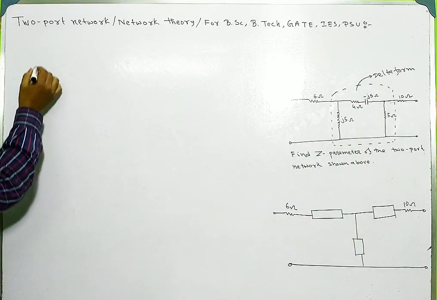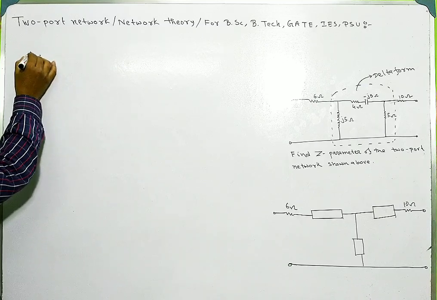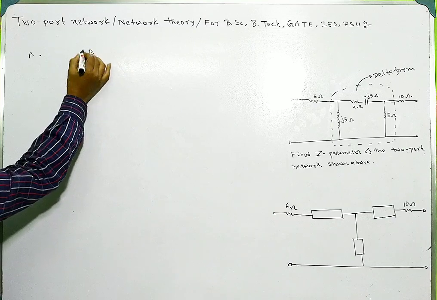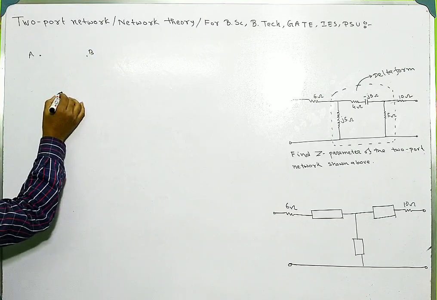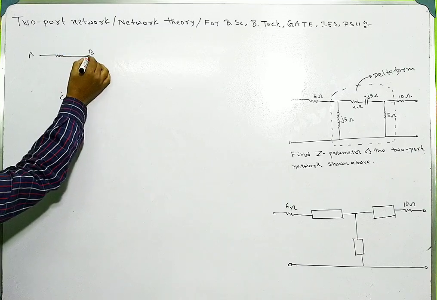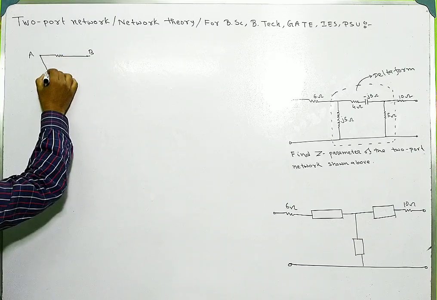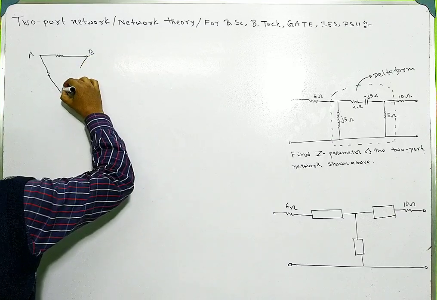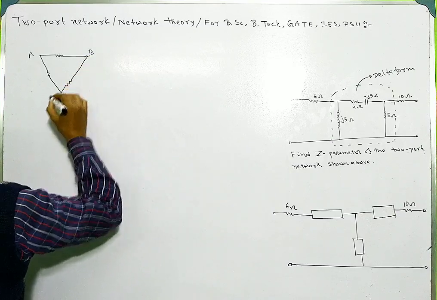Now suppose this is A, this is B and this is C. So there must be a resistance, and a resistance, and a resistance.